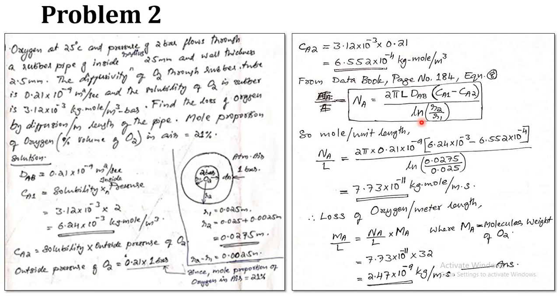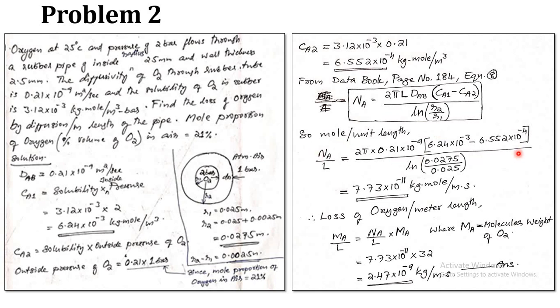In the case of molar flux, we just change it: CA1 and CA2 in place of rho A1 and rho A2. This is equal to 2 pi L DAB, in place of rho A1 and rho A2 substitute CA1 and CA2, (CA1 minus CA2) by ln of R2 by R1.